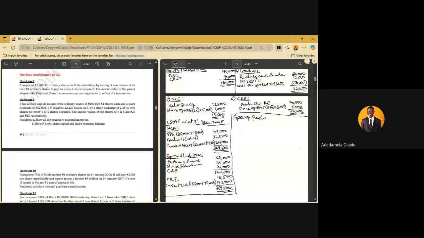And they are: one, cash consideration; two, share exchange consideration; three, deferred consideration; and four, contingent deferred consideration.